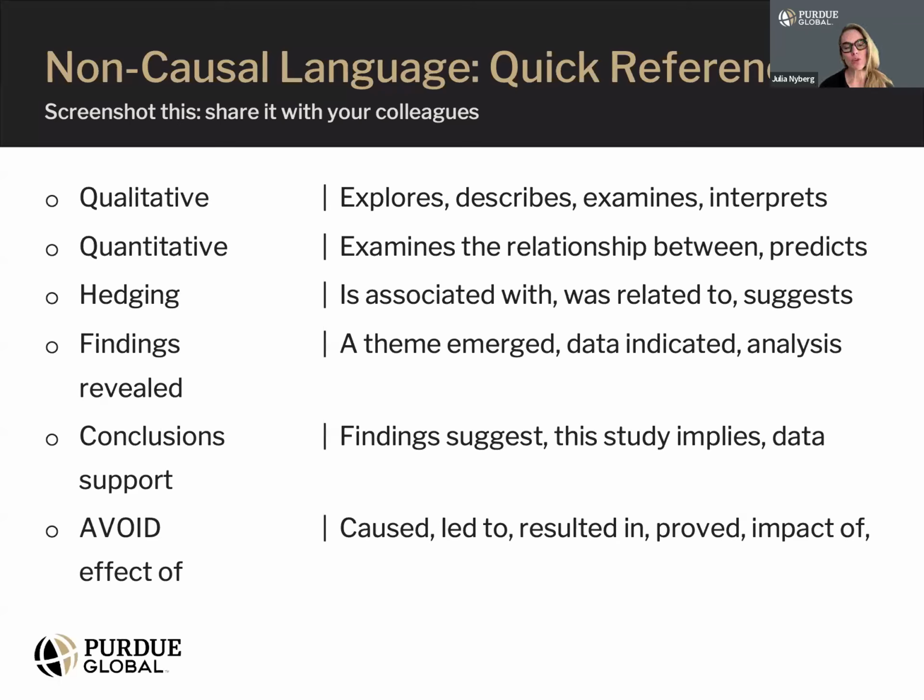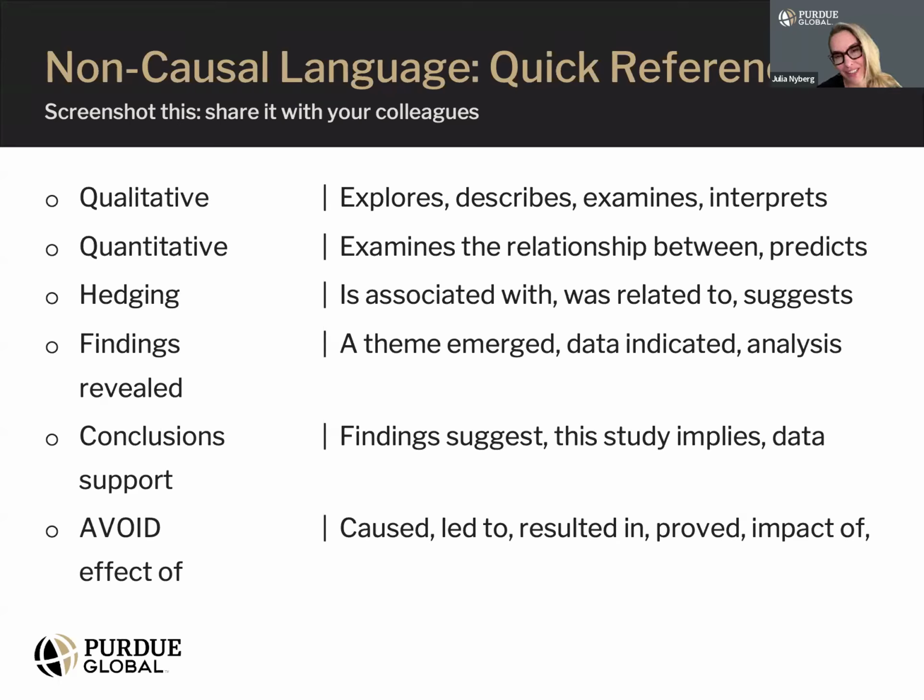The avoid row is equally important. These words signal causal claims. Caused, led to, resulted in, proved, impact of, effect of. Avoid them unless you are running a true experiment with random design, which most applied research projects aren't.